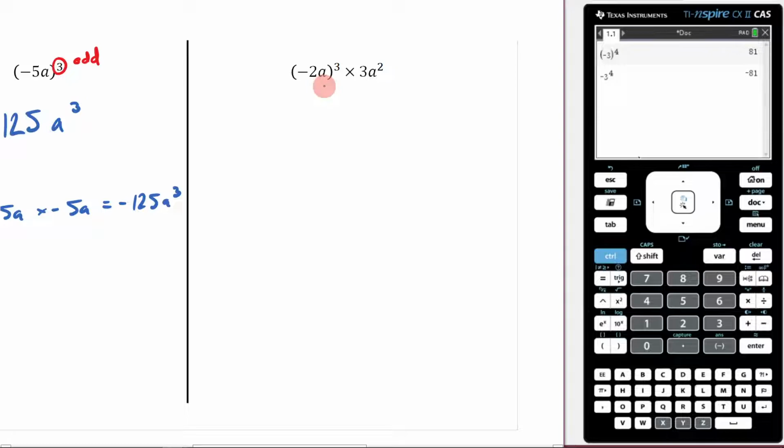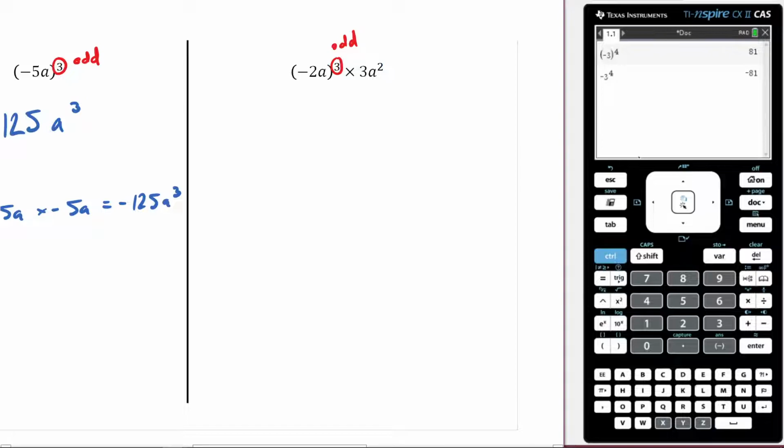Okay, the next one here. What are we going to do? So I've got negative 2 raised to an odd number here. This is odd, if you didn't know. And this one is even, but it doesn't matter that it's even because this is a positive. So it really doesn't matter at all. Now, if I'm raising a negative to an odd number, I know that my answer is going to be negative.